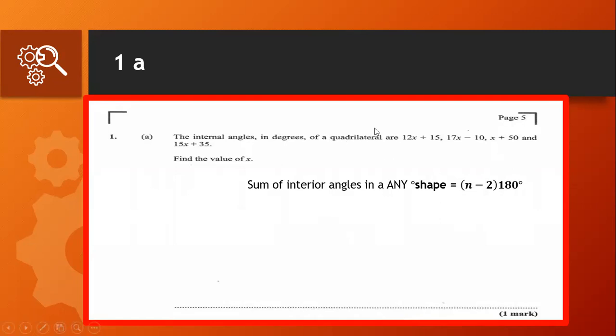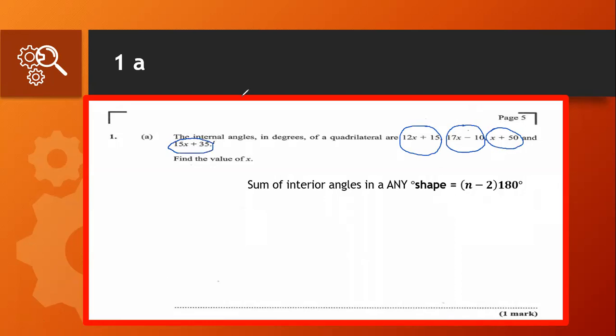So we have a quadrilateral, that's a four-sided shape, which means it has four angles. So n is 4. Okay, and the interior angles are these interior angles that we said before. This is the first interior angle here. This is the second interior angle here. This is the third interior angle here. And this is the fourth interior angle here. Any questions there? Hope that is clear.